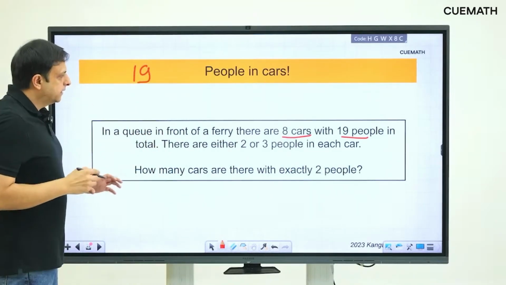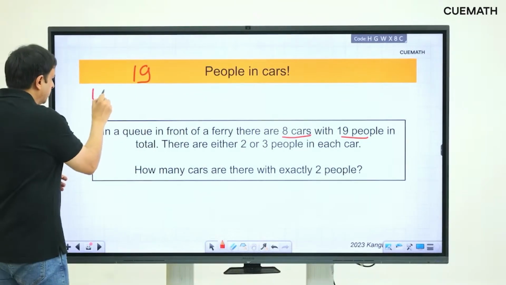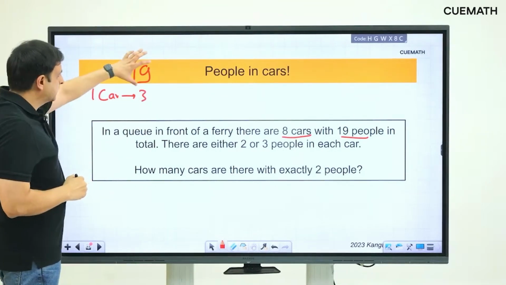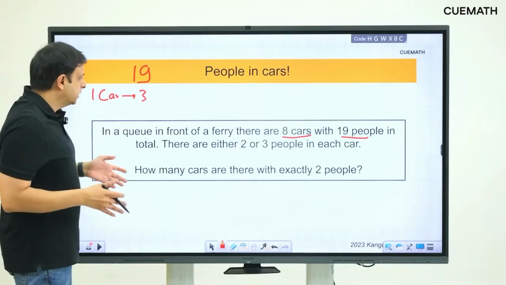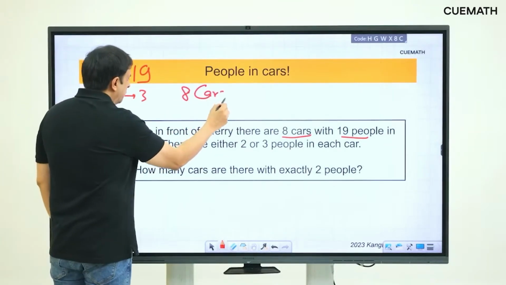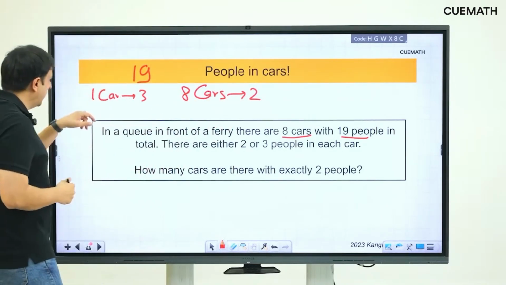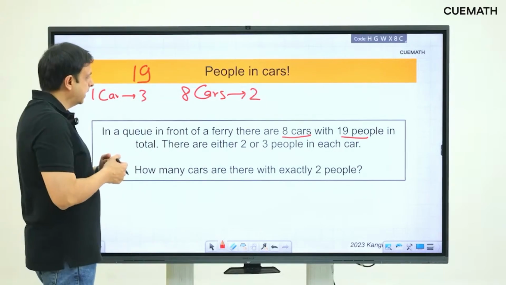Now let's say there is just one car with 3 people, which would leave 16 people out of 19 to be accommodated in the cars with 2 people, and therefore we would need 8 cars with 2 people each. So 8 into 2, that's 16 people, and 1 car into 3, that's 3. So 3 plus 16 is 19.